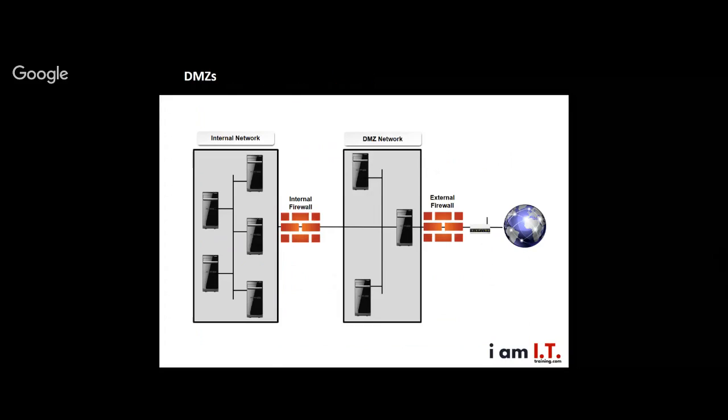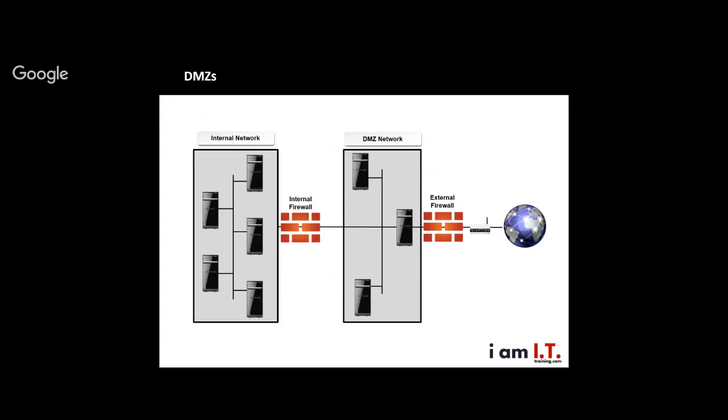So that's kind of the basics of firewalls, but I want to take it a step further in this thing called a DMZ. That is a demilitarized zone. It's a small section of a private network that's located between 2 firewalls, and that part is actually made available for public access.